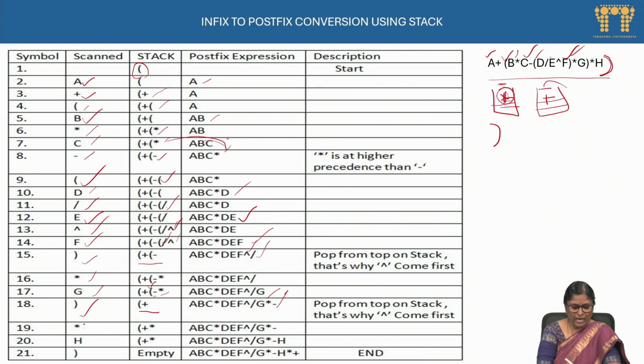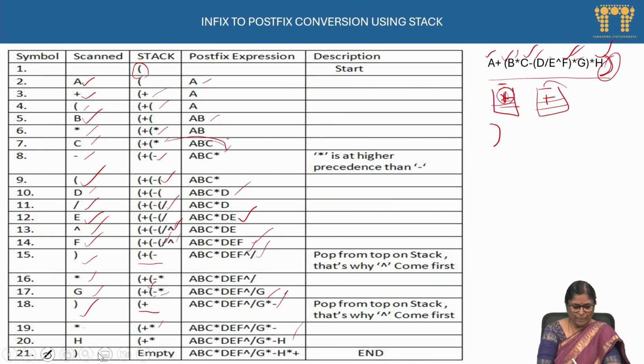Next symbol to be scanned is multiplication. So multiplication is an operator, you place it on the top of the stack. So on the lower you are placing a higher priority. Next you have H. So H is an operand, so add it to the expression. Now after that you have a right parenthesis which was added at the end of the expression.